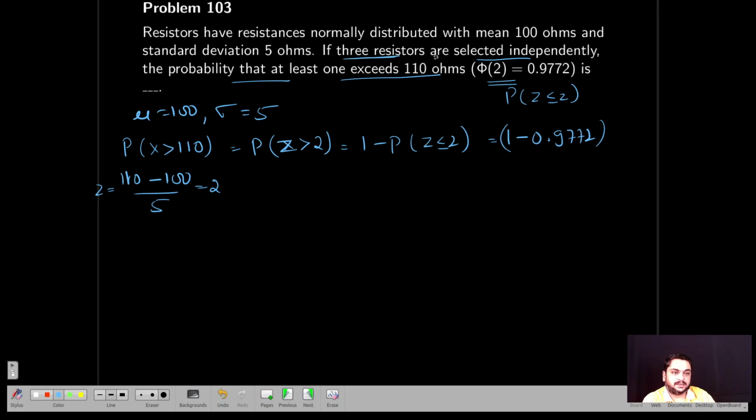Now, what is it that you have to find? If three resistors are selected independently, what is the probability that at least one exceeds 110 ohms? So first you find the probability that none of them exceeds 110 ohms.